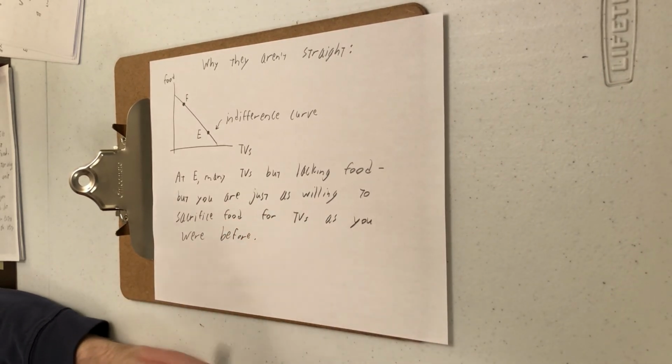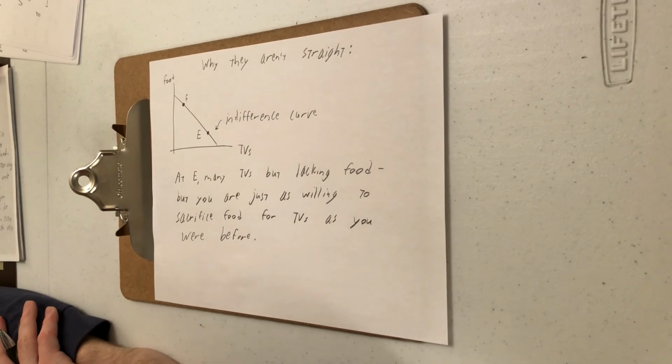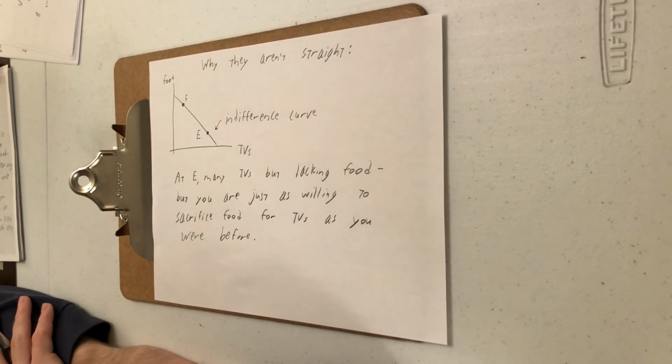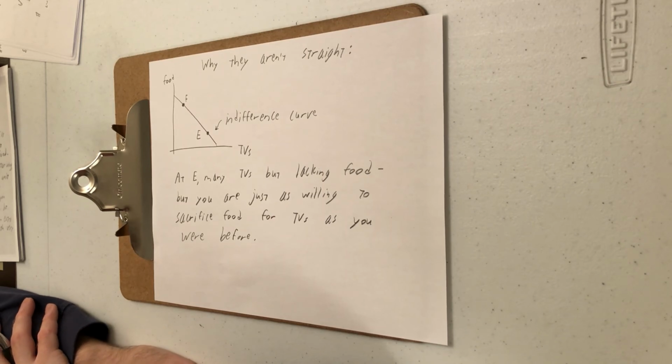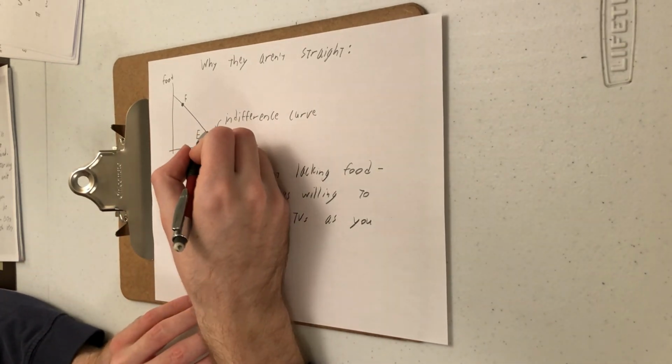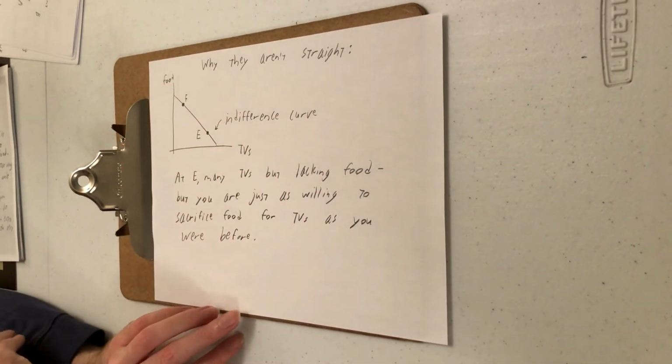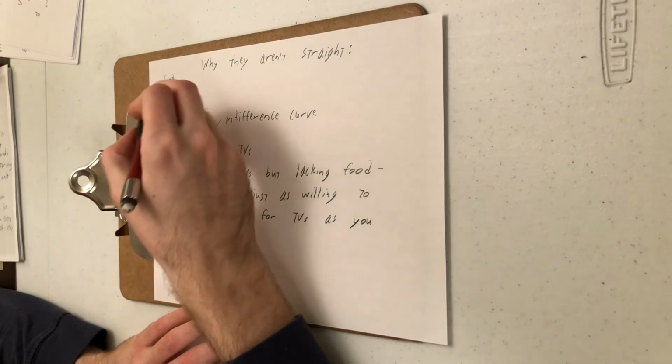So because of diminishing marginal values, as you have less and less food, the more you're going to value it. The less food you have, the less likely you are to want to give it up. This straight line here, though, says that you're willing to trade.